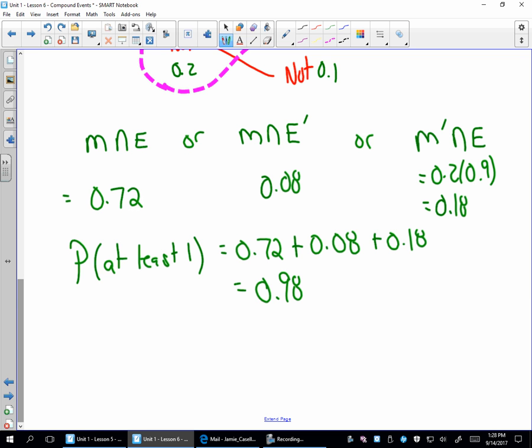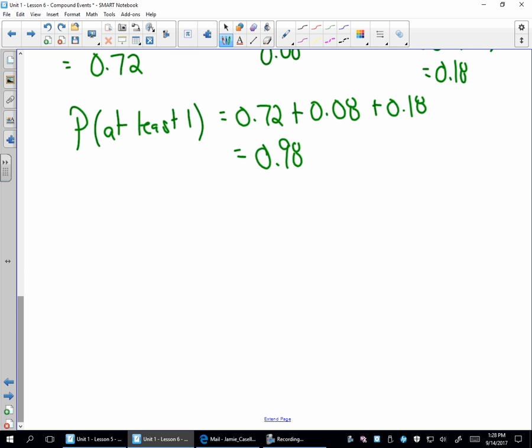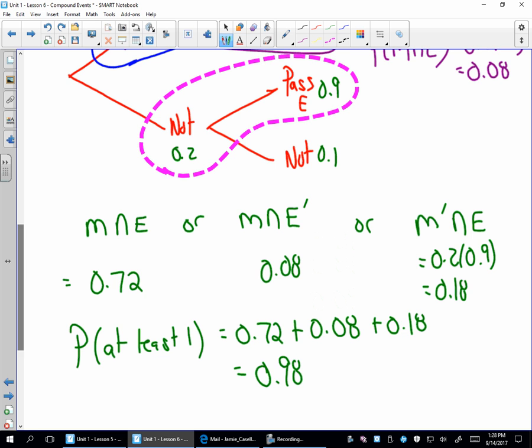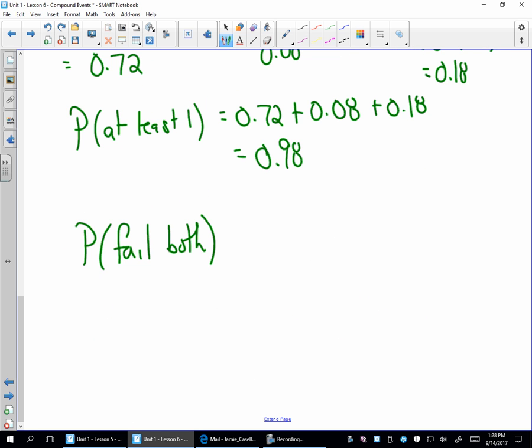But there's one more little idea I want to talk about with this question that maybe, hopefully, your brain hooks onto. Could we figure out the probability of failing both? Is that not the last branch of our tree diagram, the 0.2 and the 0.1? In other words, there's 2%.